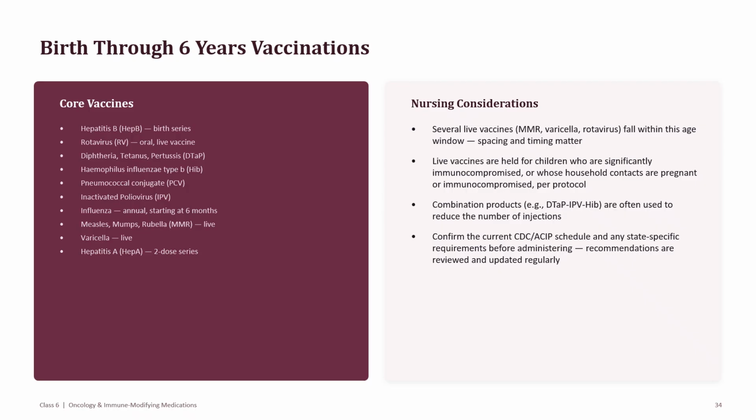So combination products, like a shot that covers the DTaP, the IPV, and Hib all at once, exist for a very practical reason: cutting down how many separate injections a toddler has to sit through in one visit. It's a small mercy, but it's a real one, both for the child and whoever has to hold them down.